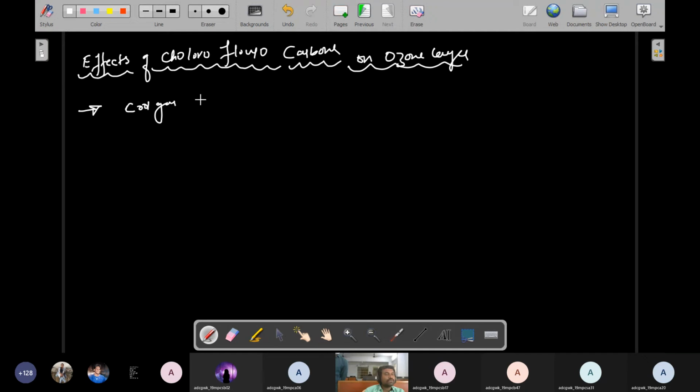Cool gases leave fluorocarbons in the universe actually.